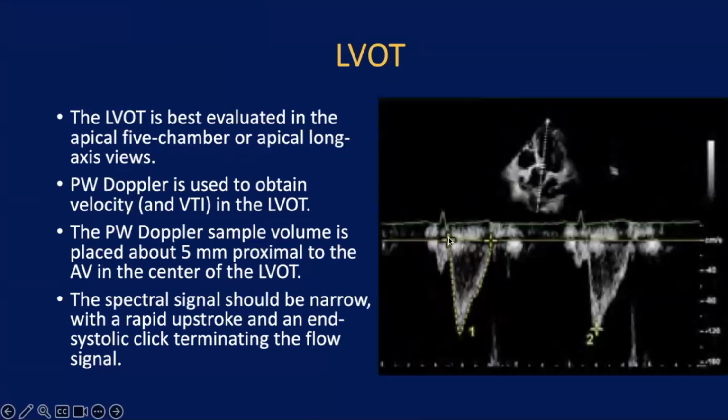If we go back to the LVOT, you will find it has a sharp or steep acceleration, because the aorta has high pressure, so the pressure rises very rapidly and it will be steep. This is normal. Whenever you have a low cardiac output or low ejection fraction, you'll see it start to be more and more rounded.